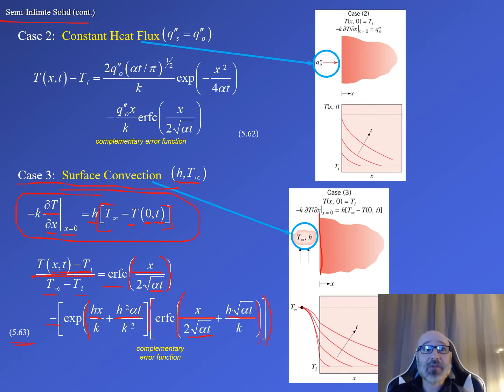So again, this references back to surface convection for a semi-infinite solid, and it goes to equation 5.63 in our textbook.